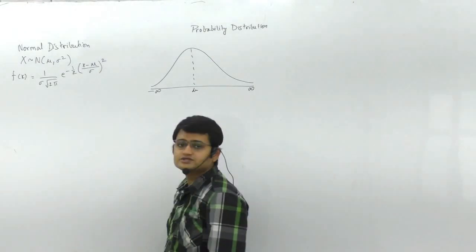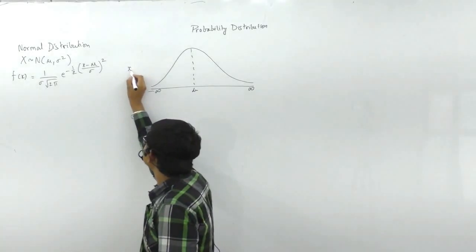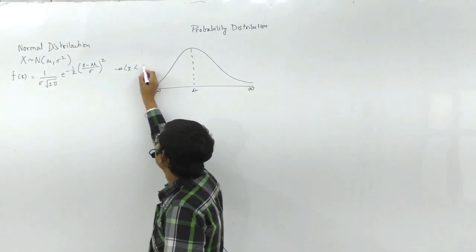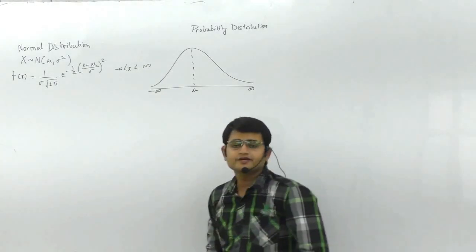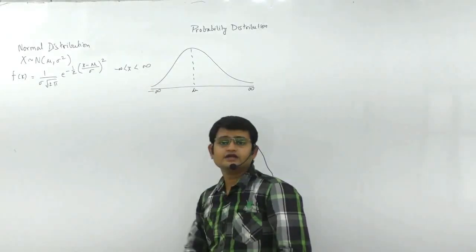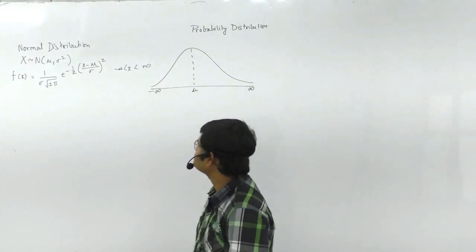Here x is between minus infinity and infinity, so the values that our variable can take are from minus infinity to infinity.